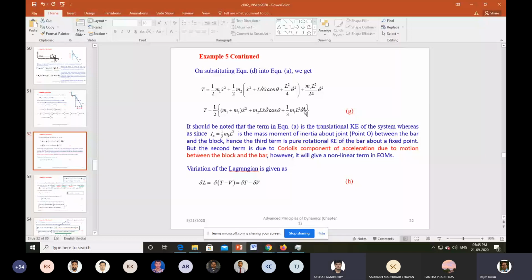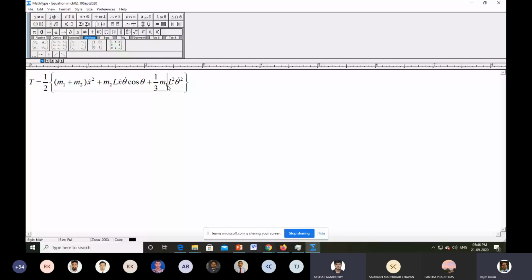Because if you see, 1 by 3 L square is the polar moment of inertia of the pendulum at the pivot point. So this is M2, for the rotational kinetic energy of the pendulum. Sorry, this should be M2. So this is a typo.